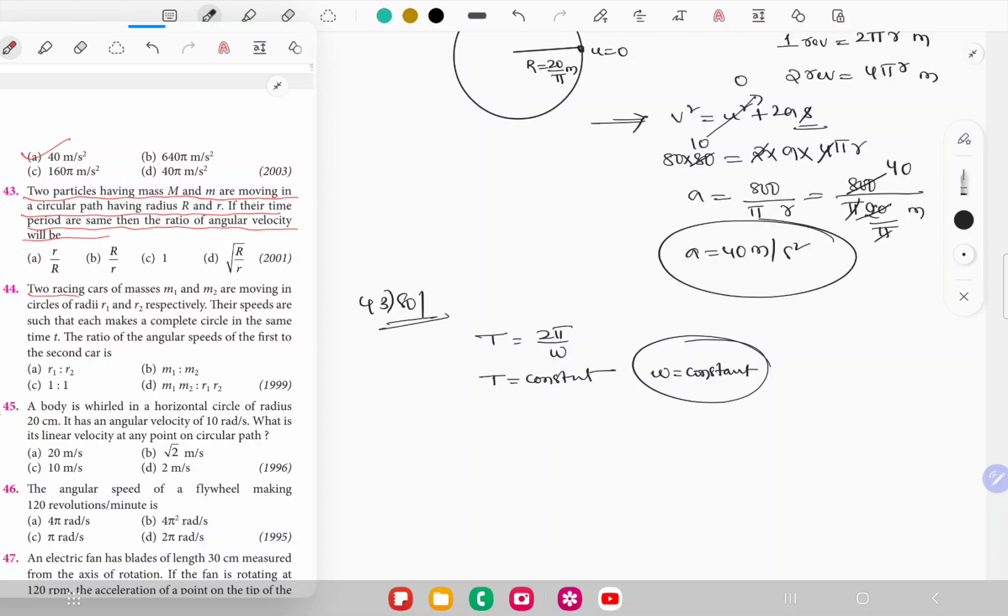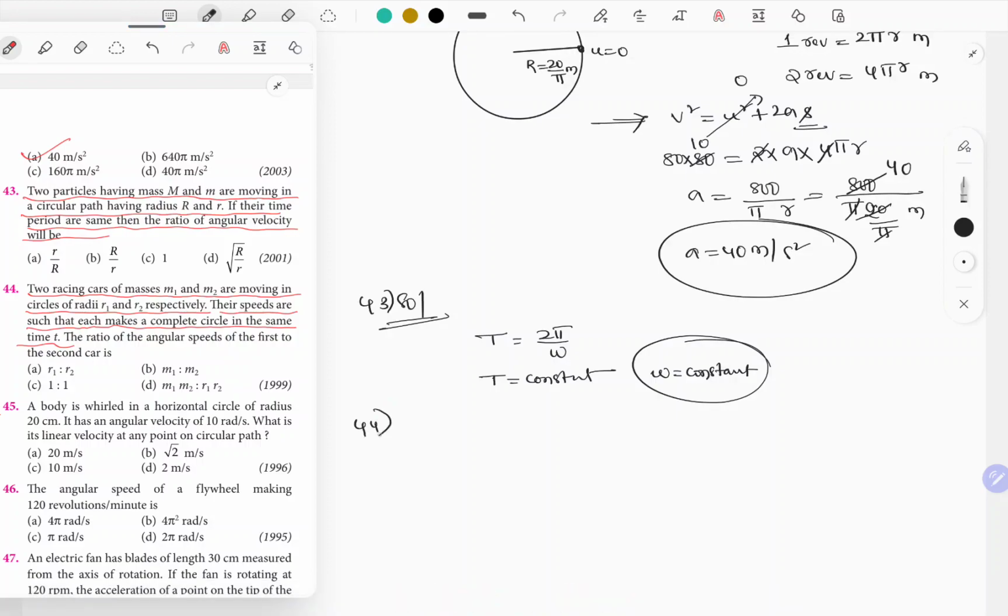Next question number 44. Two racing cars of masses m1 and m2 are moving in circles of radius r1 and r2 respectively. Their speeds are such that each makes a complete circle in the same time. Again same thing. So 44 solution, time is going to be the same, which means time is constant.